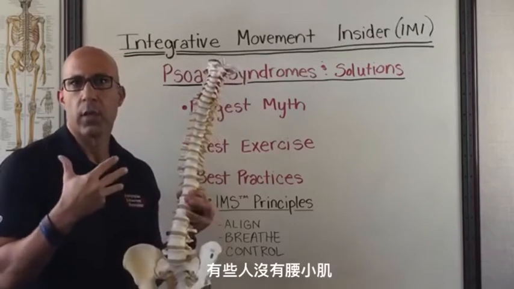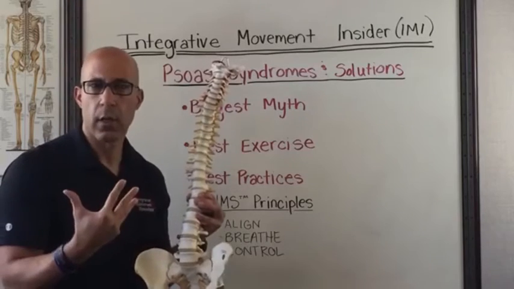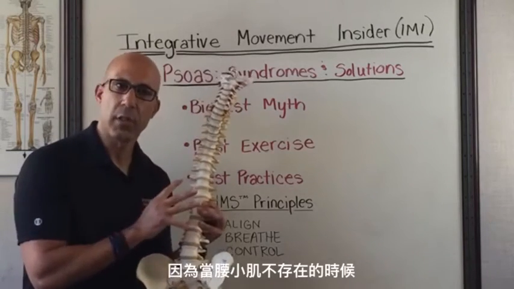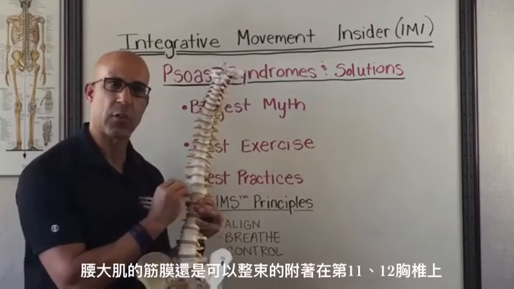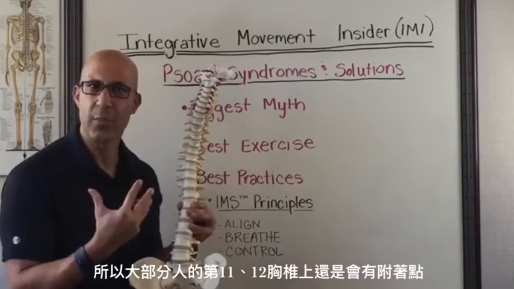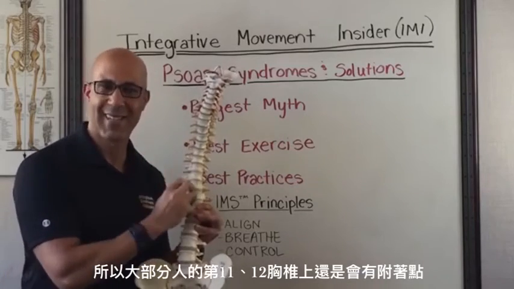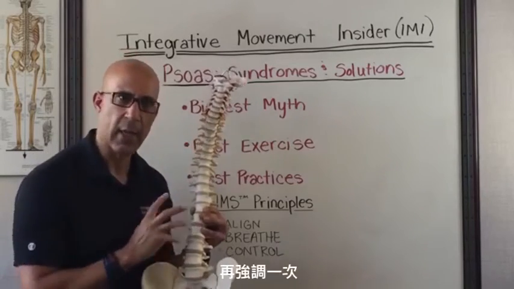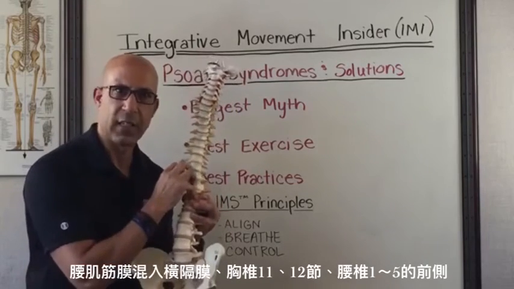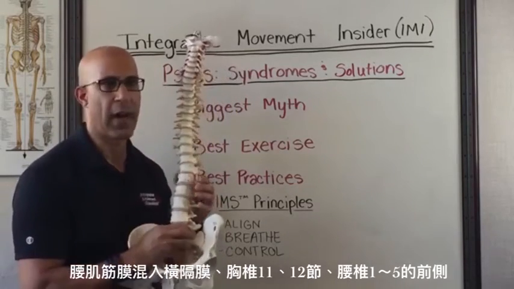Now, some people don't have a Psoas minor, and that's okay, because when the Psoas minor is not present, the Psoas major gives off fascial slips into T11 and T12. So functionally, most people have an attachment to T11 and T12. So again, it fascially blends from the diaphragm and the anterior vertebrae from T11 to T12 through L1 through L5.